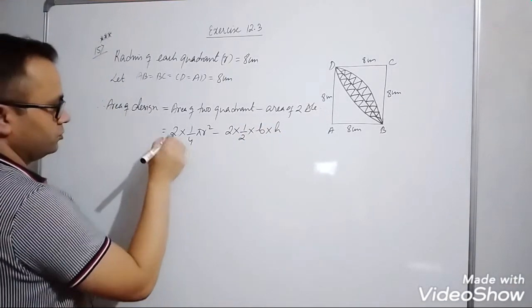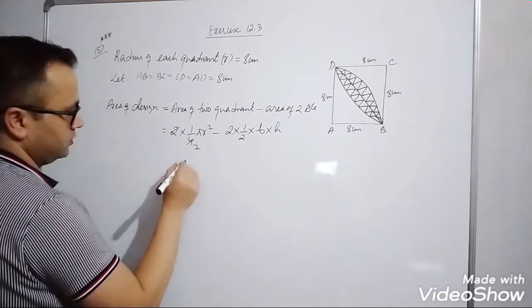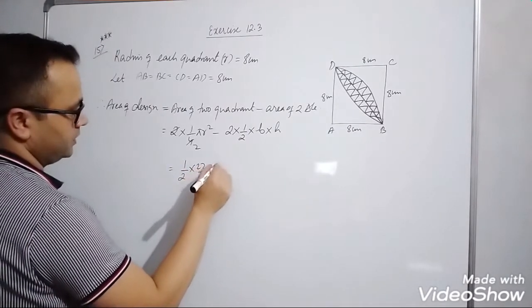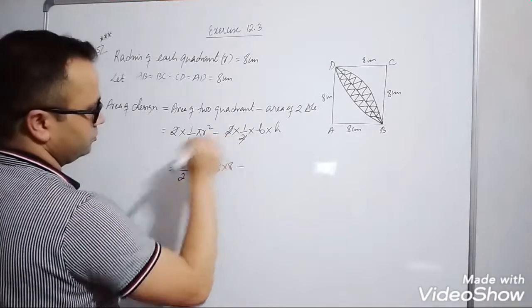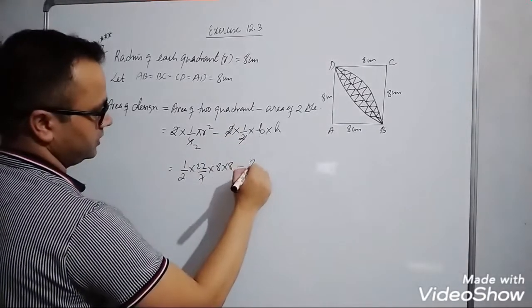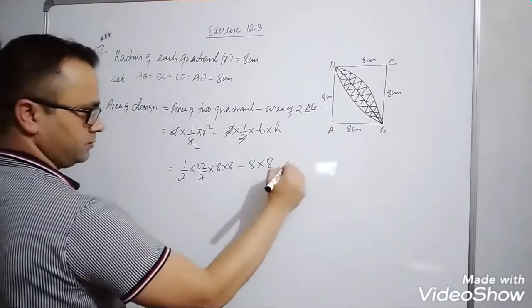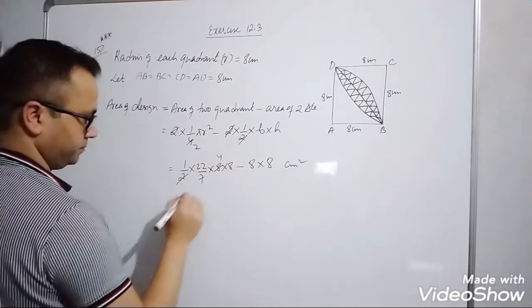So this equals 2 1s are 2, 2 2s are 4. This equals 1 by 2, value of pi is 22 upon 7, and radius is 8 into 8. Minus, we can cut 2 here. So base is 8 into height is also 8 centimeter square. So 2 1s are 2, 2 4s are 8.